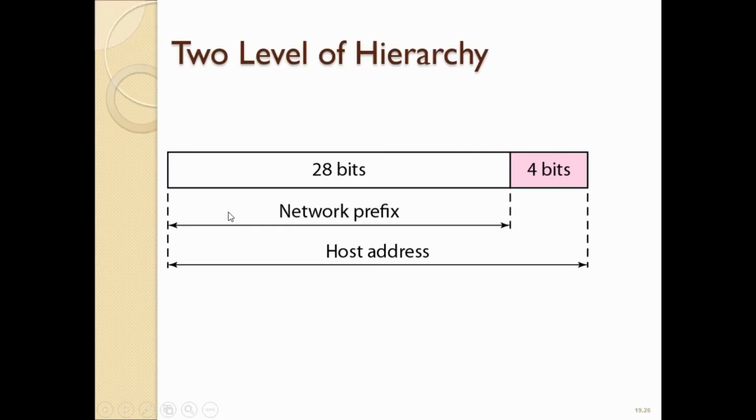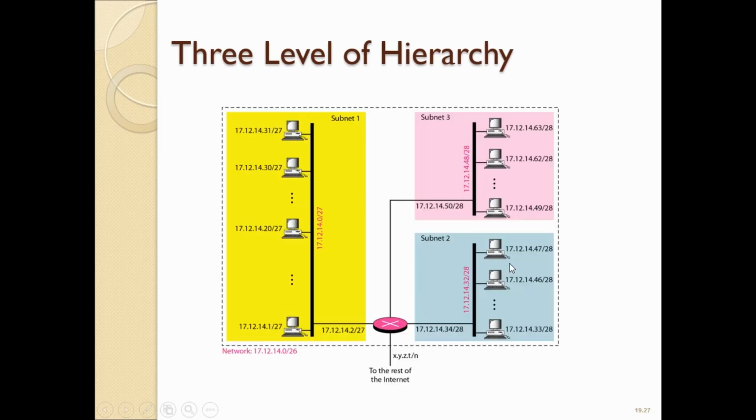Two-level hierarchy. The 28 bits given in the previous question define the network prefix, and the remaining 4 bits along with the network prefix give us the host address. For three-level hierarchy, we see that the network is divided into 3 subnets, and all are connected through one single router which distributes it to the rest of the internet.